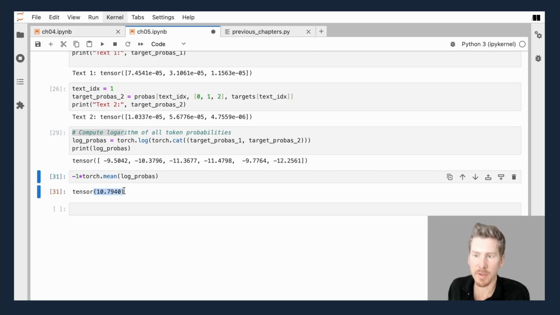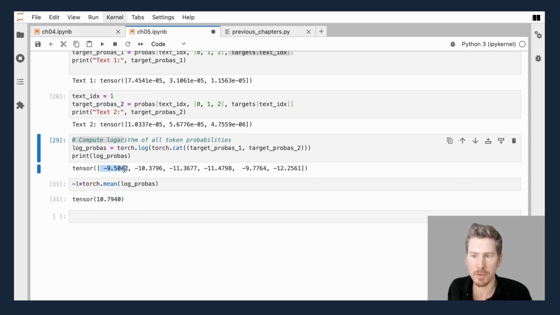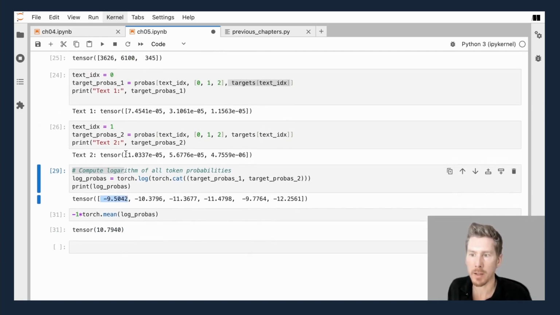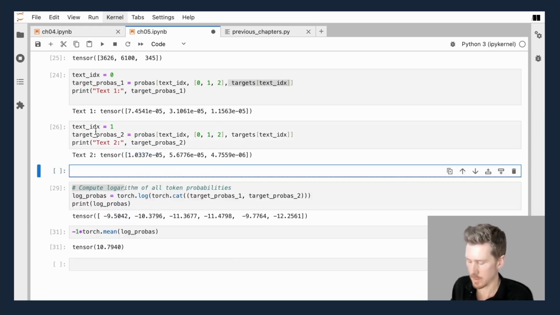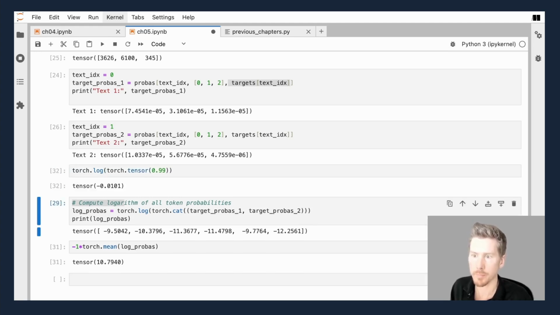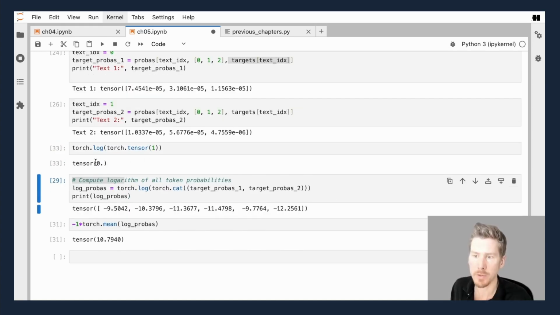So we want this to be close to zero, which means that these probabilities are very large, because when you look at this, let's do a torch.log of 0.99. You can see this is a number that's close to 0.